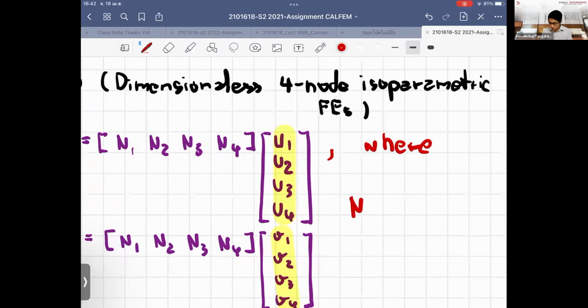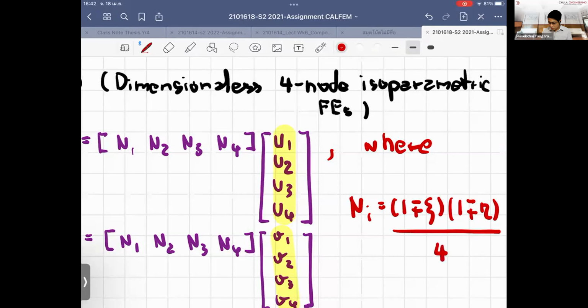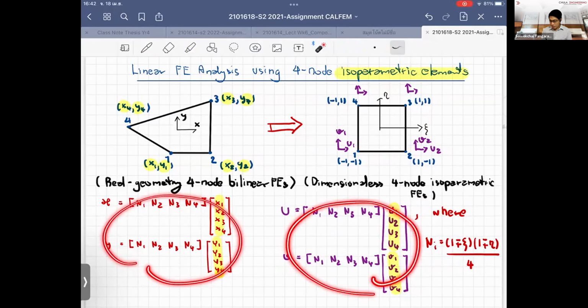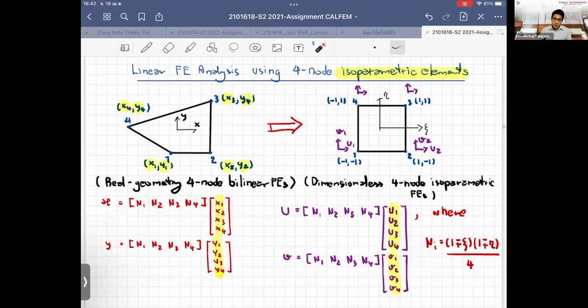So we use the shape function from the dimensionless, which is a 1 subtract plus. This is the shape function for the 4 node. The meaning of isoparametric is that both of the terms can be described with the same shape function. So that's why we use this. And the rest of this, I'm not going to derive the equation for you, but I just use it, because I'm sure you learned it before.